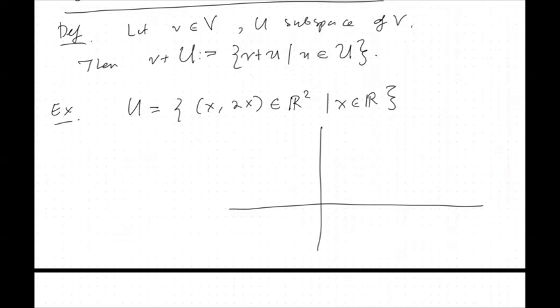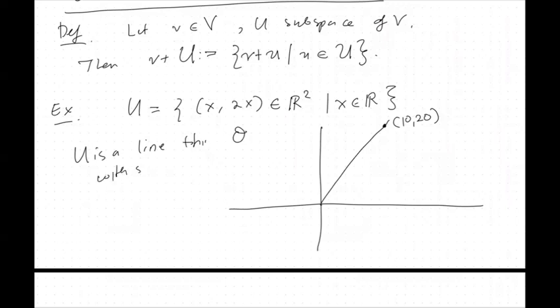So U is a line through the origin with slope 2.